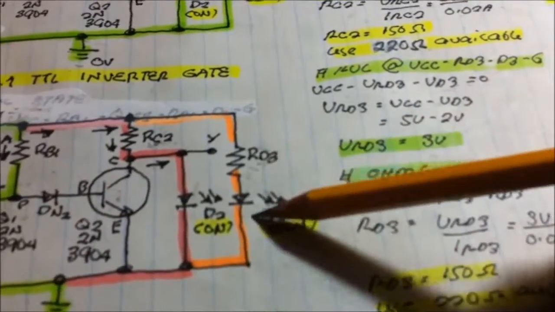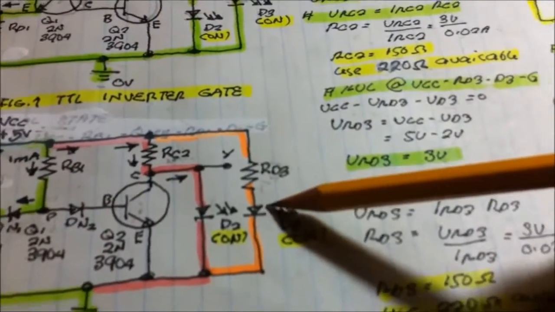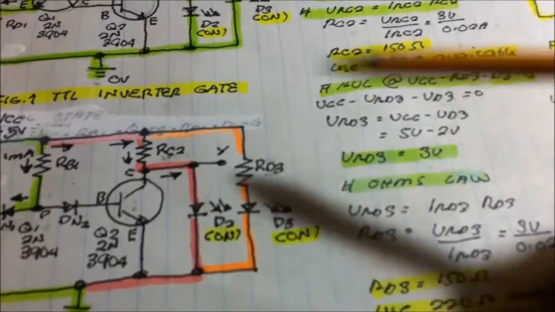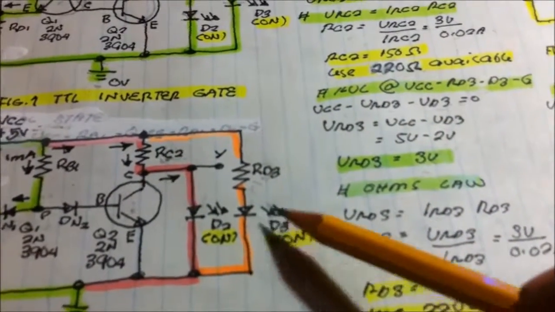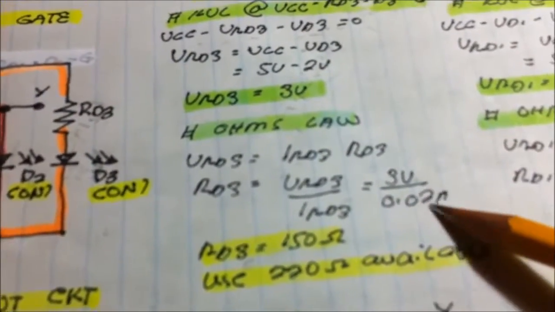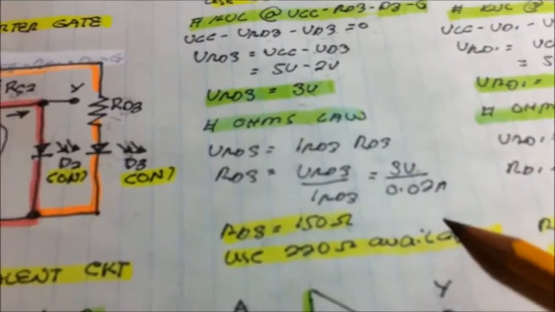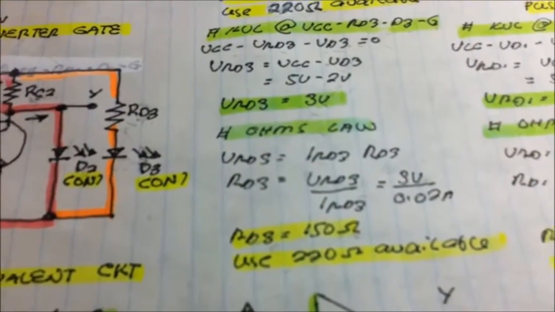and using Ohm's law, direct substitution, since the current that flows in the resistor is equal to the current of the LED. They are in series, so they are equal, and the current rating of the LED to turn on is 0.02 ampere. So we have the current 0.02 ampere and the resistor value 150 ohms computed. I'm using 220 ohms available.